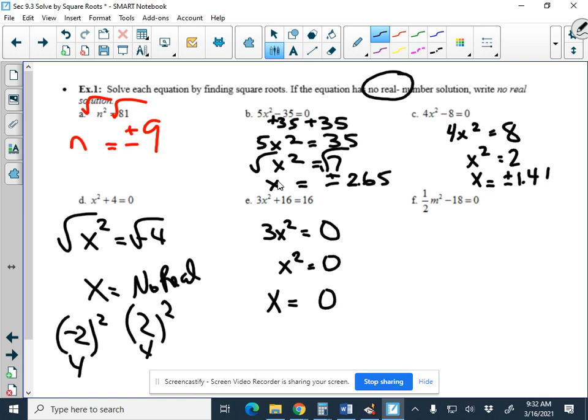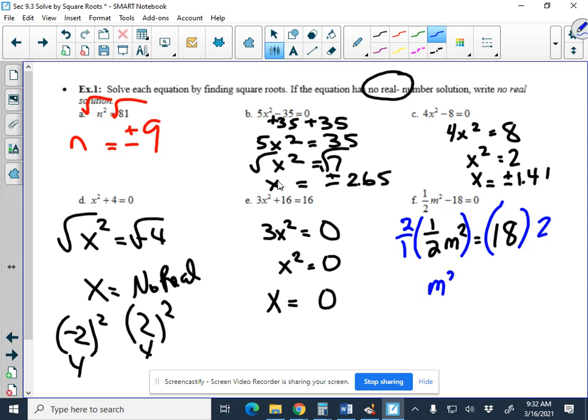All right, see if we can do this one. What do we do first? Add 18. Add 18, we'll get 18. Now what? Get rid of a half. To get rid of a fraction, you multiply by its reciprocal, 2 over 1, or multiply by 2.